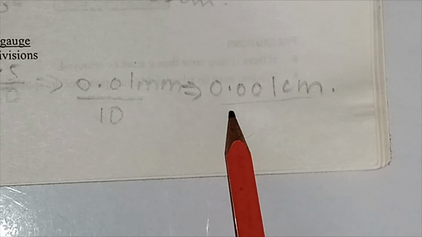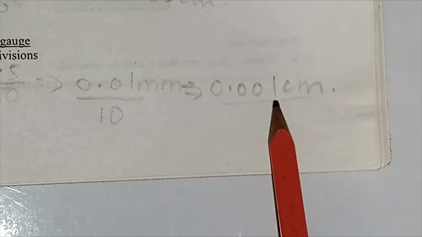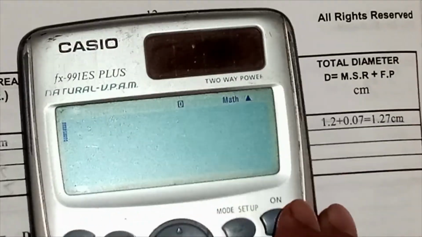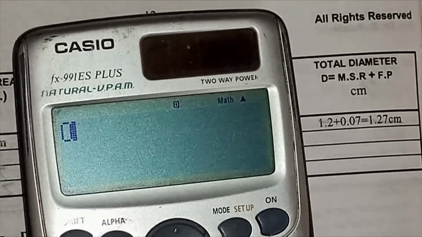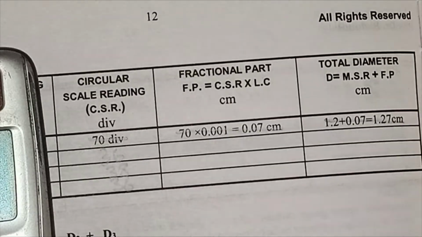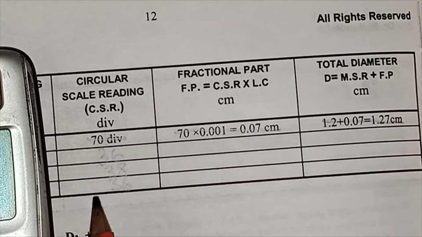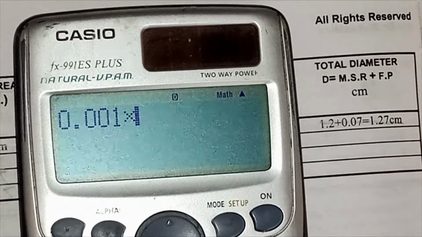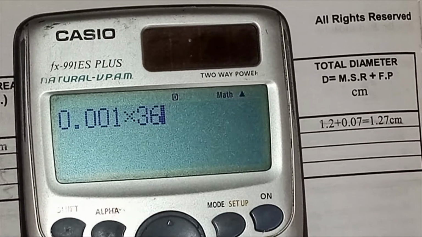So look here, what will be our least count? This is our least count in centimeter, 0.001 centimeter. So we will take 0.001 centimeter multiplied by, what is our CSR? Our CSR is 36. So we will multiply by CSR, that is 36.